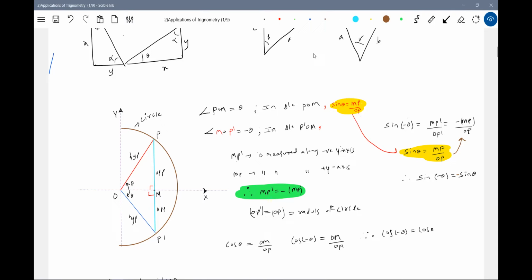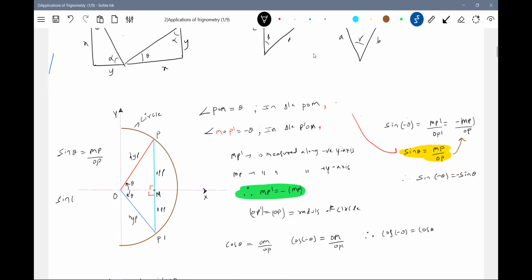Agreed. Okay, let's define the terms here. Sine theta is MP by OP. Sine of minus theta is MP dash by OP dash. And we know MP dash is equal to minus MP. So I'll define it clearly here. Sine theta equals MP by OP.